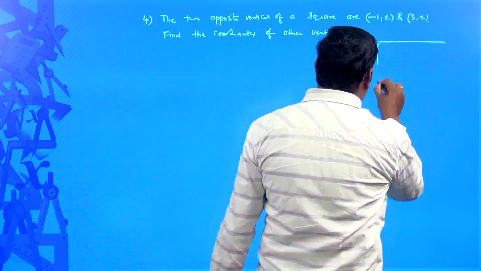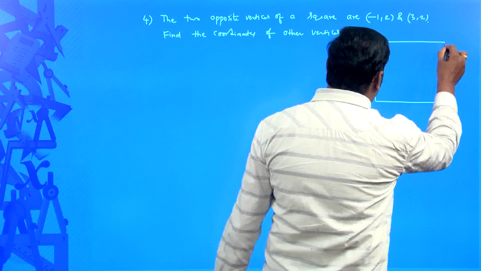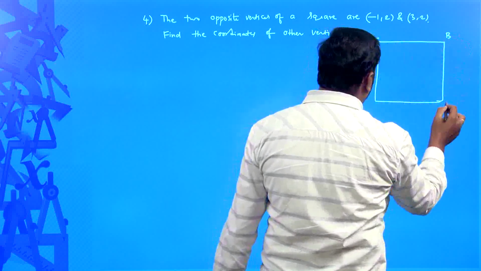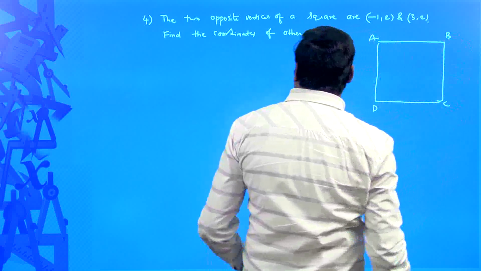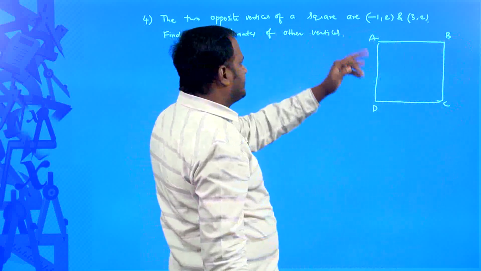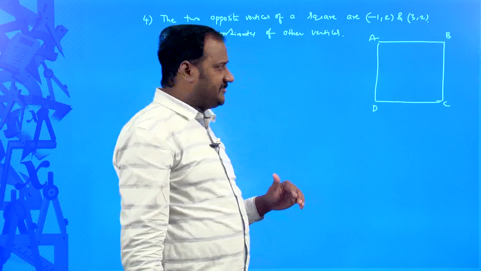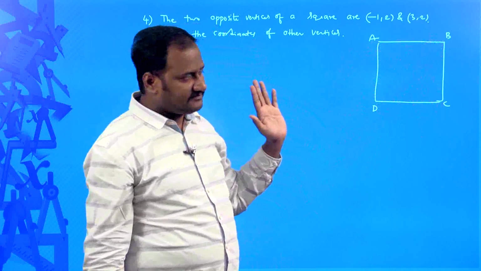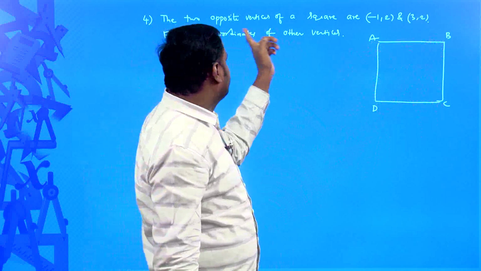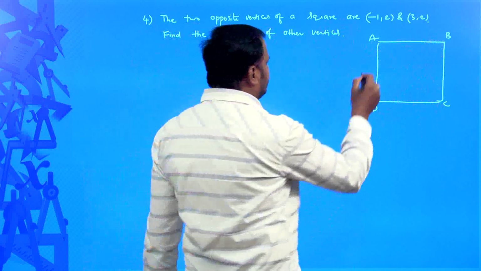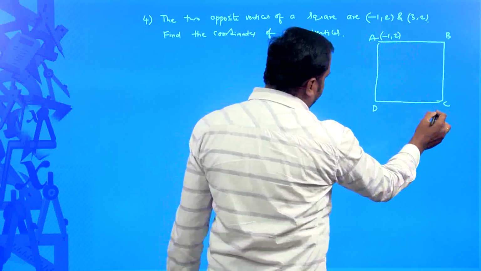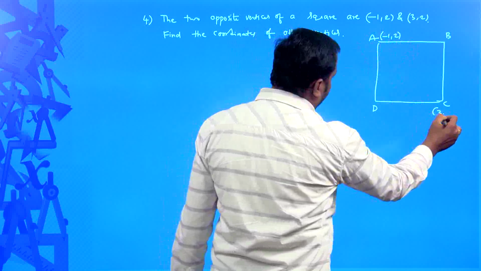So this is a square, let it be some square ABCD. It was given that two opposite vertices of a square, opposite vertices of a square means A and C are opposite vertices, B and D are opposite vertices. So for example, if you consider A as -1 comma 2, its opposite vertex is going to be C, that is 3 comma 2.